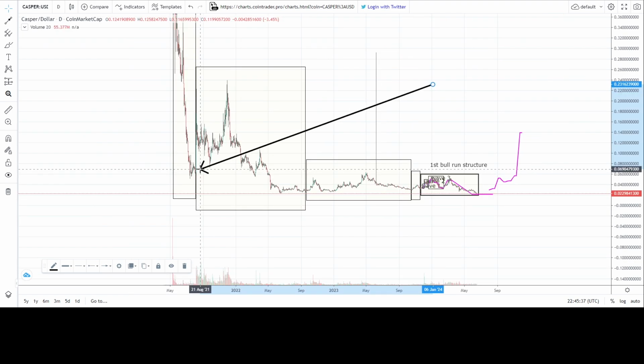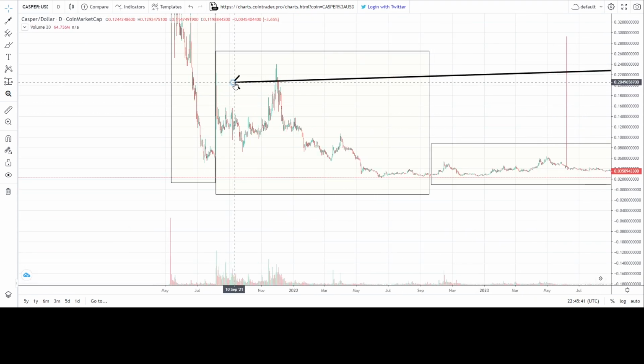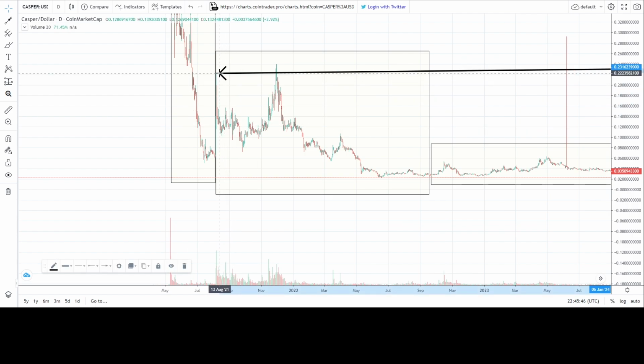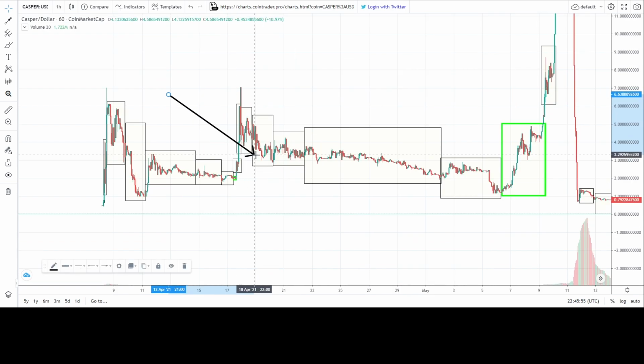In that sideways range-bound time, price moves up. There actually is a candle that we discussed here. Price moves up, it pulls back, moves back up again, and winds its way down to a point. Just like we see in this fractal right here, price moved up, pulled back, moved back up again, winds its way down to a point.